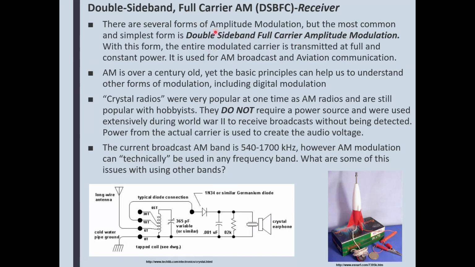With this form, that's the simplest thing because less complexity is used with the equipment and the design. With this form, the entire modulated carrier is transmitted at full constant power.